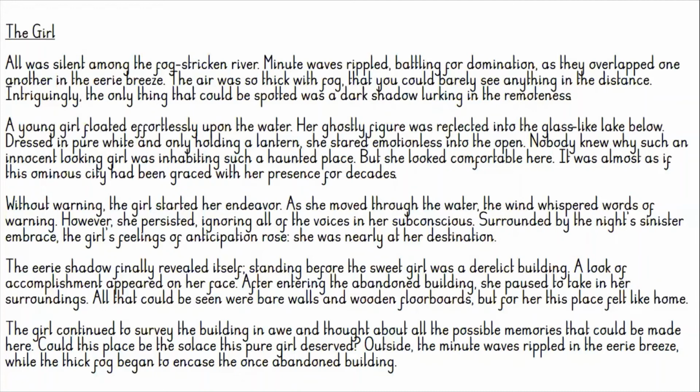For paragraph 4, I've decided that I want to reveal what the eerie shadow was. And I've used a semicolon here because I've got 2 independent clauses that have a clear link between them. I've also decided that I wanted to create a contrast that even though this was a horrible place, it felt like home to her. And I'm trying to suggest that she's come from a worse off situation.